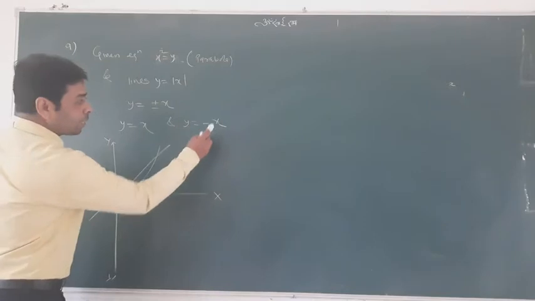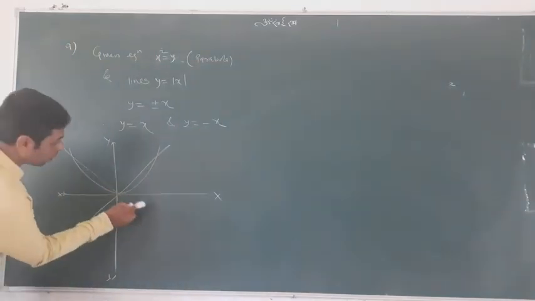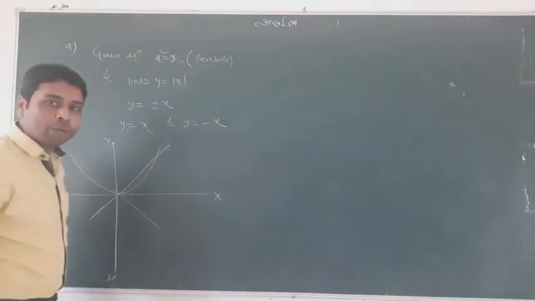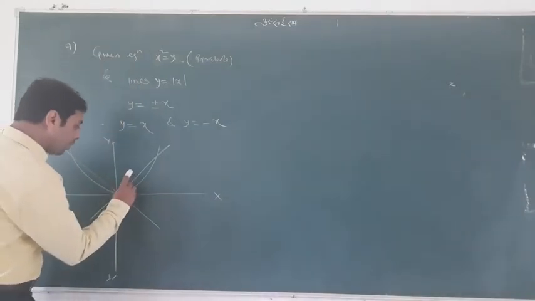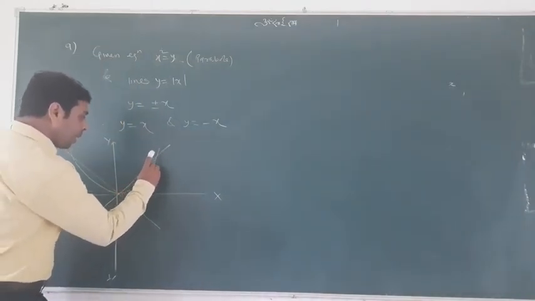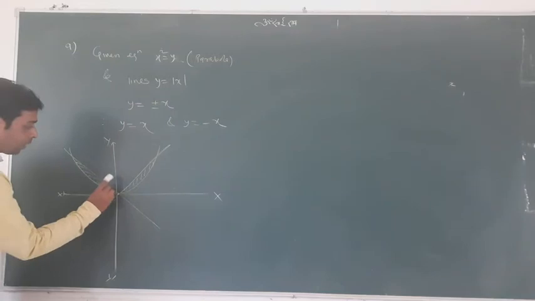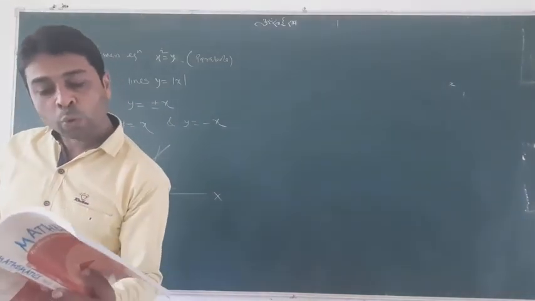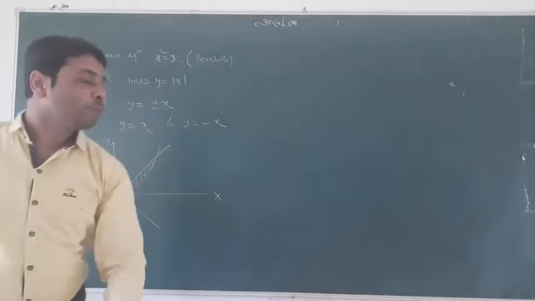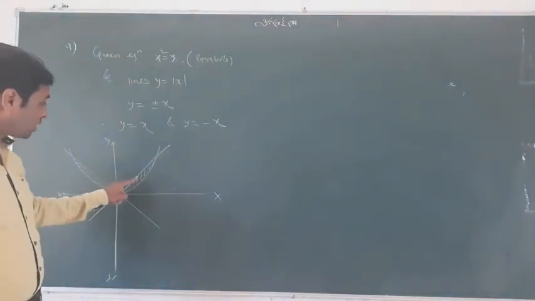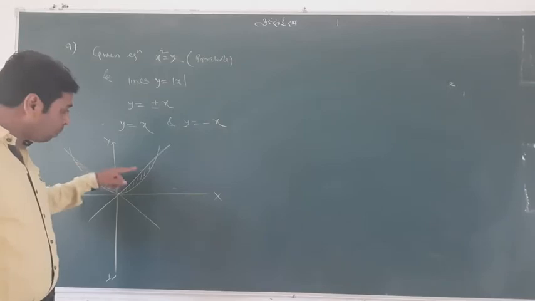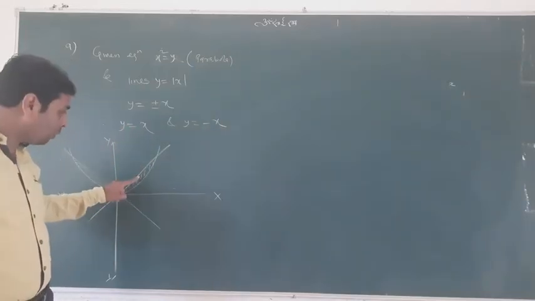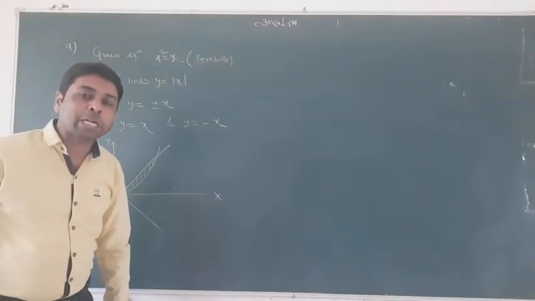And y equal to minus x is negative, so it will pass in this direction. Ultimately, we have two different areas, this area and this area, and we are not told to find the first quadrant only. So we have two areas in different quadrants but of the same size. We will find only one area and definitely multiply by 2.